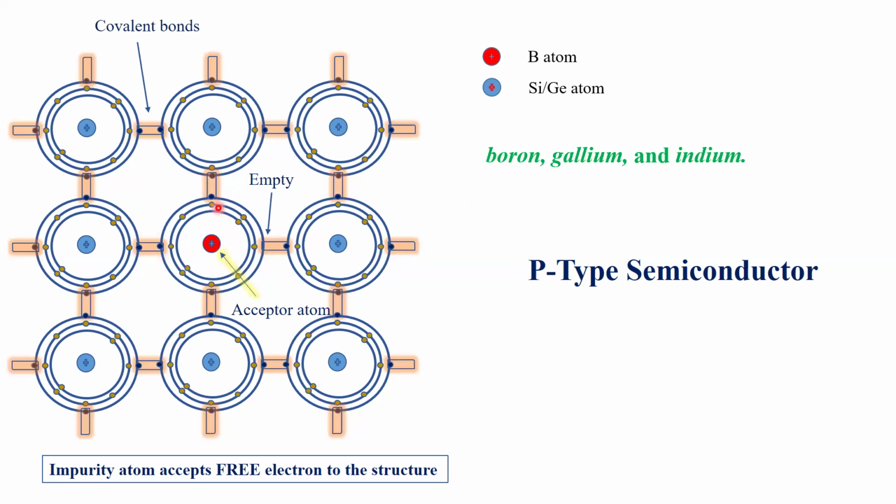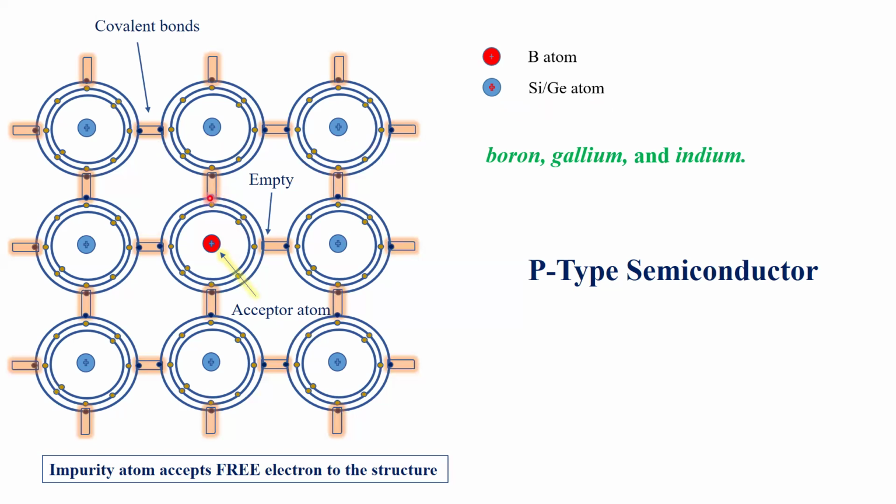So what happens when you add this foreign atom into the original crystal lattice? You get a new lattice atomic structure for the silicon or germanium. With boron or gallium or indium, let us say this is boron, B, and the rest in blue are the silicon or germanium atoms. We'll see in a moment why it is called an acceptor.